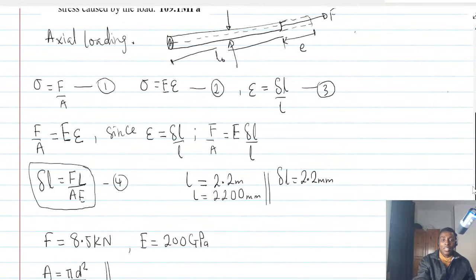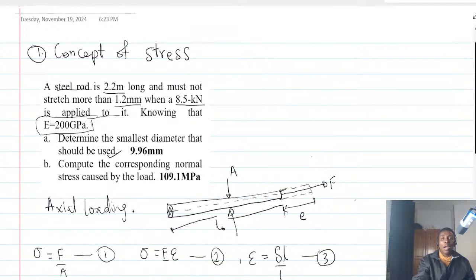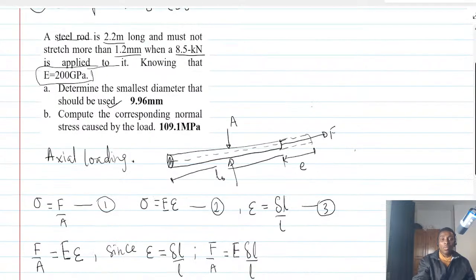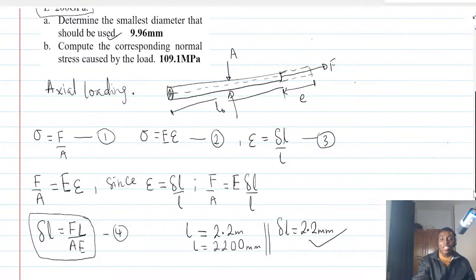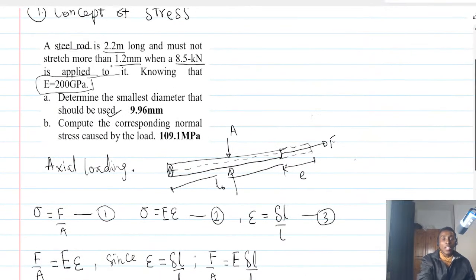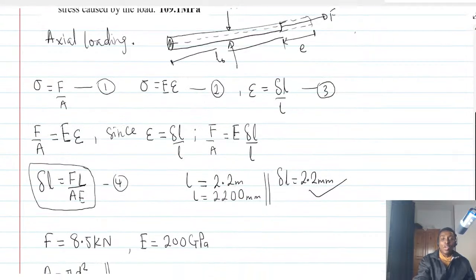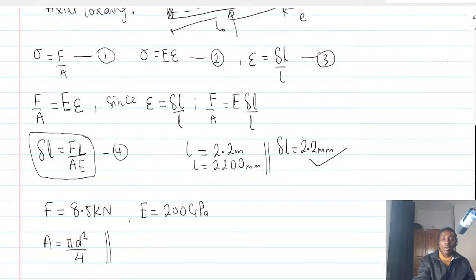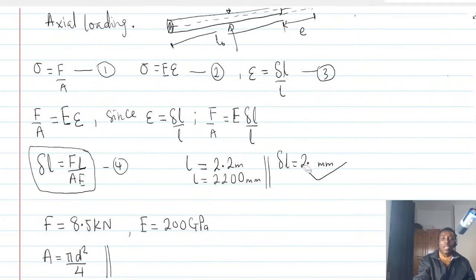Okay. Now, interestingly, we have been given some information. He said that the elongation should not extend more than what? Sorry, the elongation is 1.2. Sorry, my bad. He said it should not stretch more than 1.2 millimeters. So the elongation is supposed to be 1.2 millimeters.